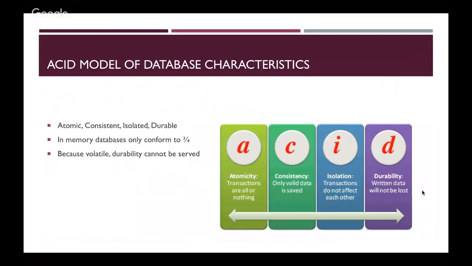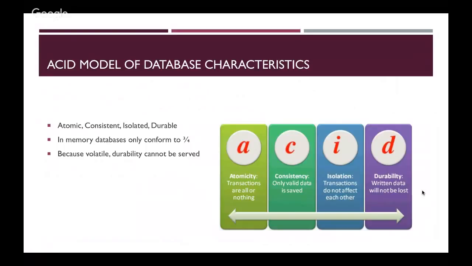And like in the picture I have on the side here, atomicity means transactions are all or nothing. Consistency means that only valid data is saved. Isolation means that transactions do not affect each other, and durability means written data will not be lost.